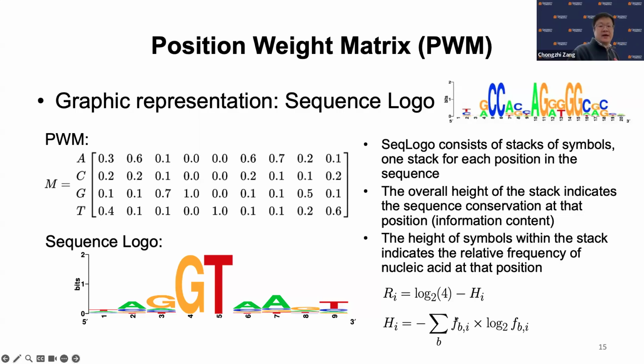Then there is a sum over all 4 possibilities, so the entire H is 2. And then 2 minus 2 gives us 0. So we do not have any information content if all of the 4 nucleotides have the probability of 1/4.